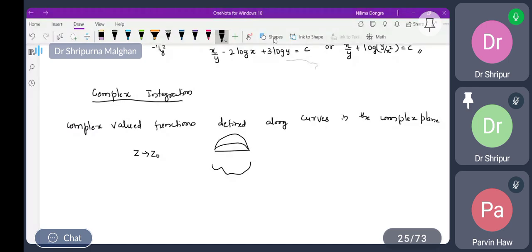Here also, when we go for complex integration along curves which are given to us, what is the method that we adopt? That we are going to study today.